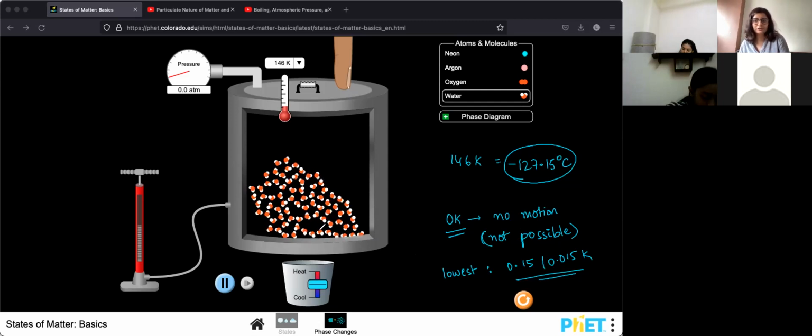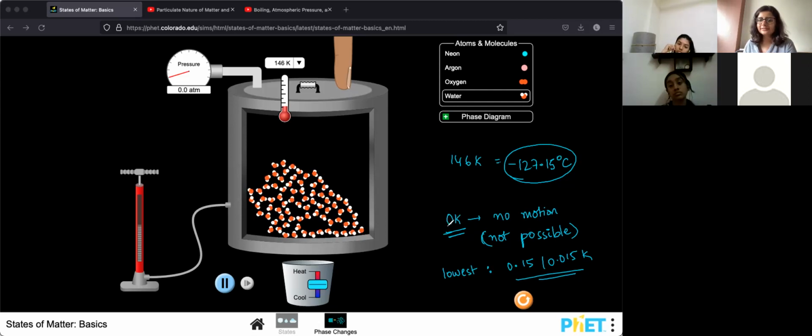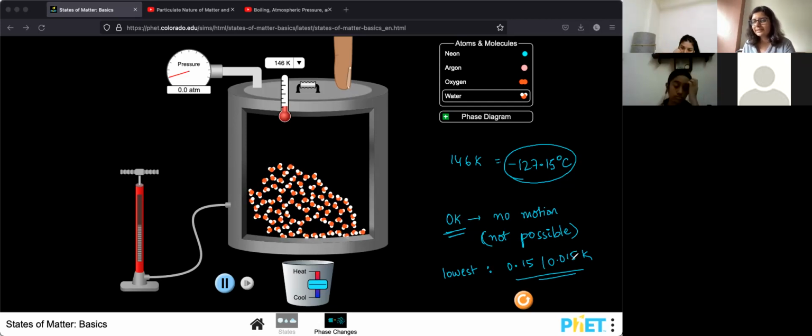They won't just disappear. So there are things practically that make this not possible. But yeah, the deal is that this is the lowest possible temperature. In reality, this does not exist. People have gotten it down to like 0 point something Kelvin, but never 0 Kelvin.